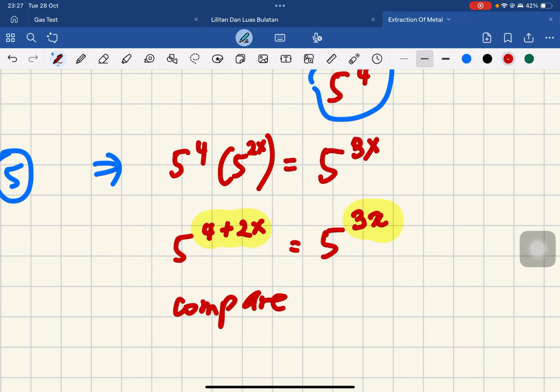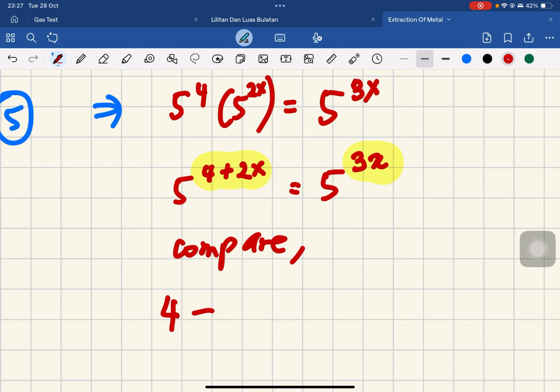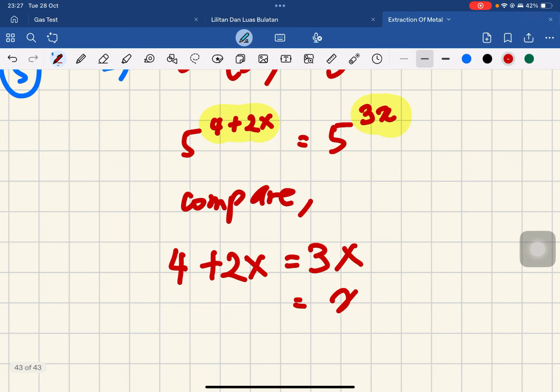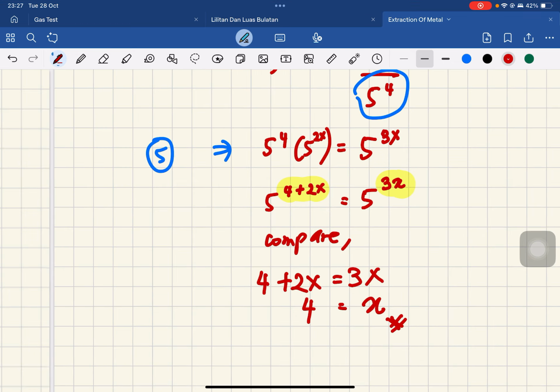So 4 plus 2x equals 3x. 3x minus 2x is x. So x equals 4. This is your final answer.